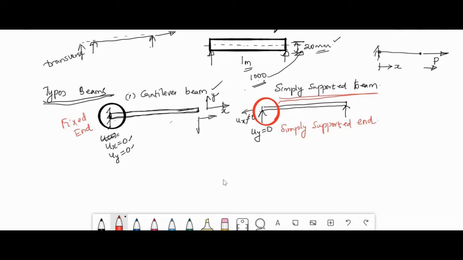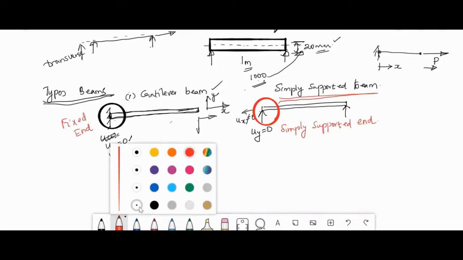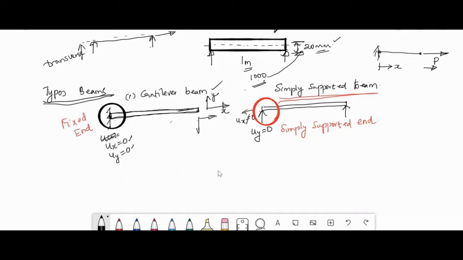Then the other one: you have a structural member like this, the third type of beam.